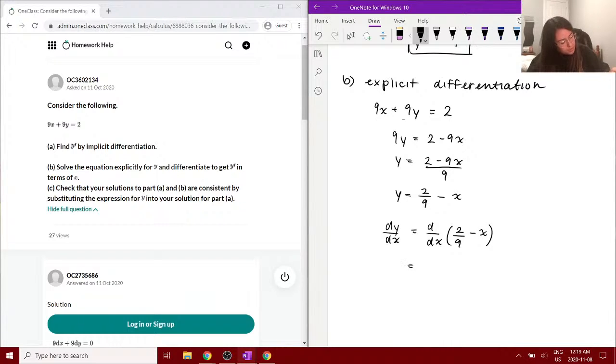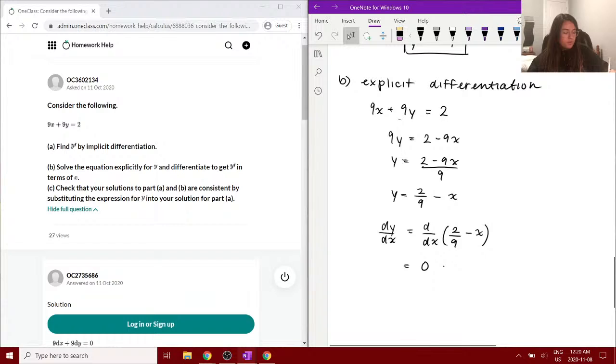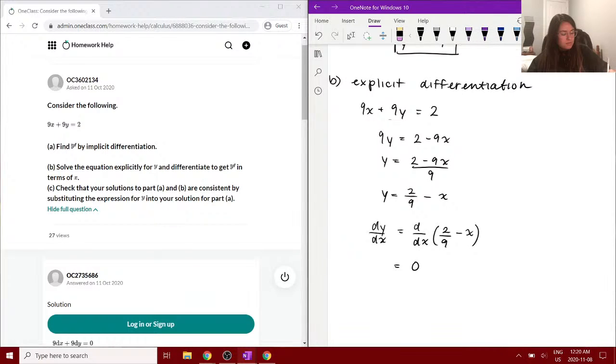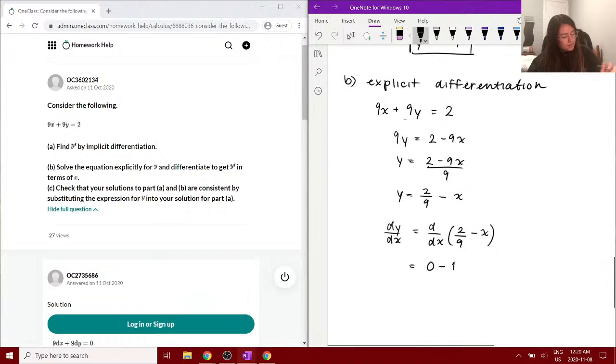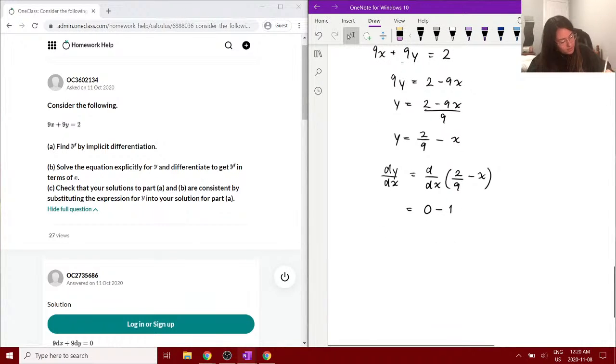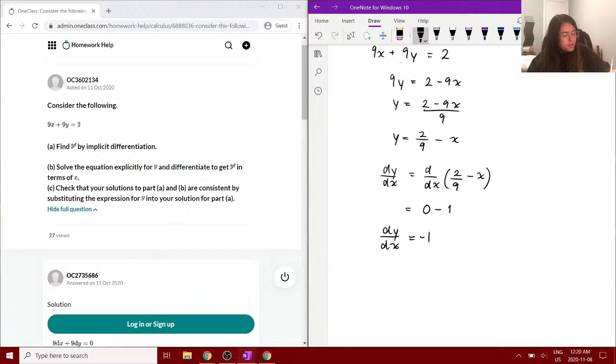We can perform it on each term separately. So the derivative of 2 divided by 9 is 0. And the derivative of minus x is minus 1. So this gives the answer that dy by dx is equal to minus 1.